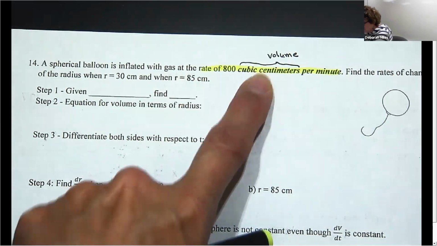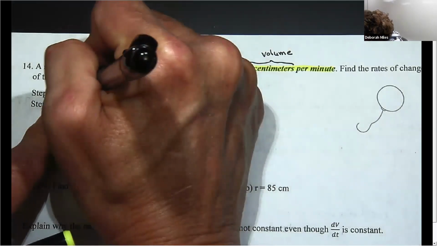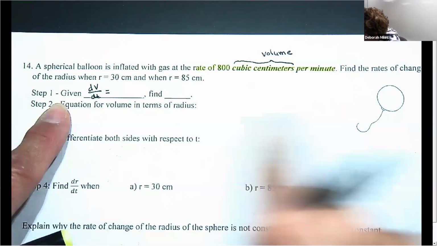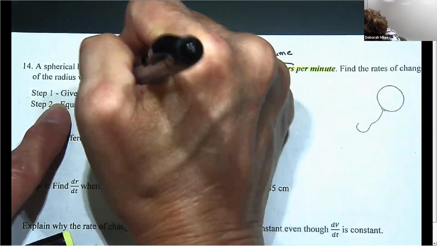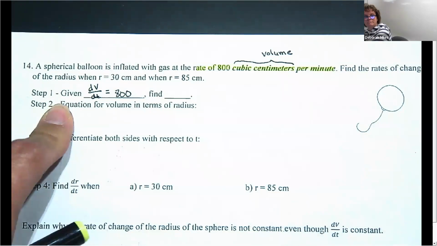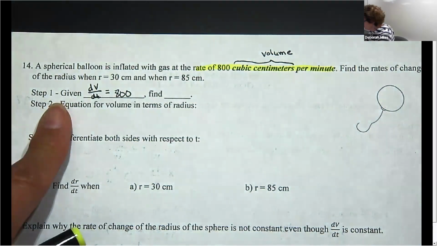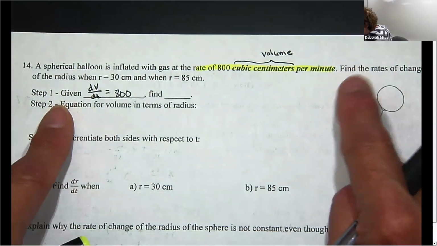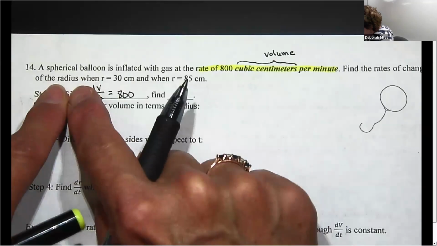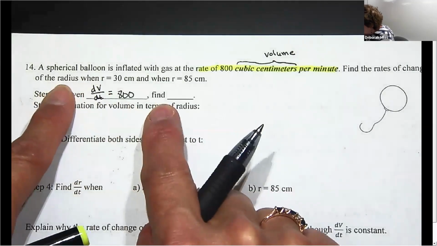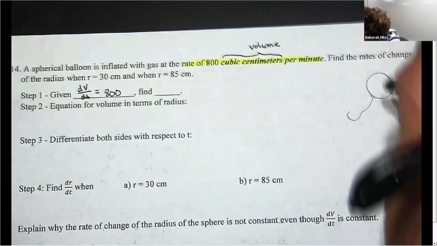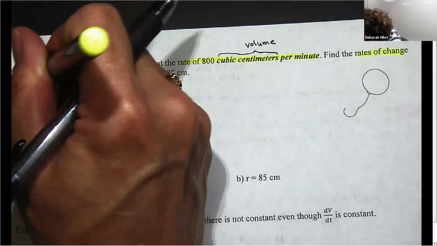So what symbol will I use for a rate of change in volume? I'm given that dV over dt is a constant 800. Find the rate of change in the radius means we're looking for what? What symbol would we use for rate of change in radius?